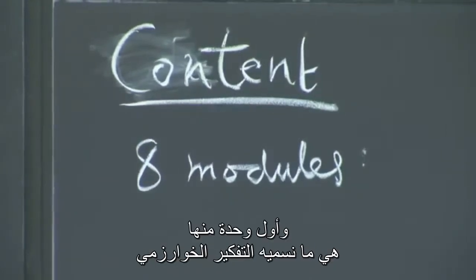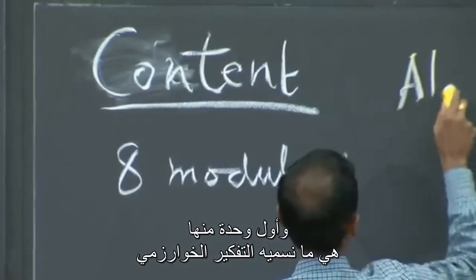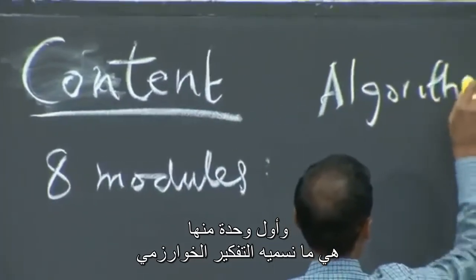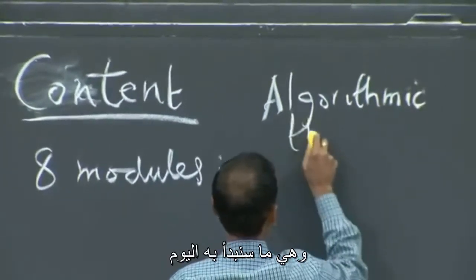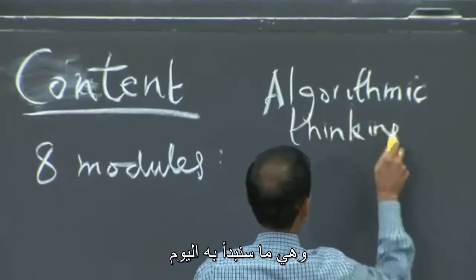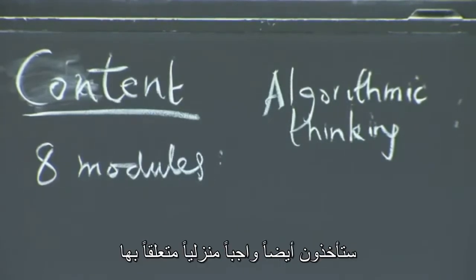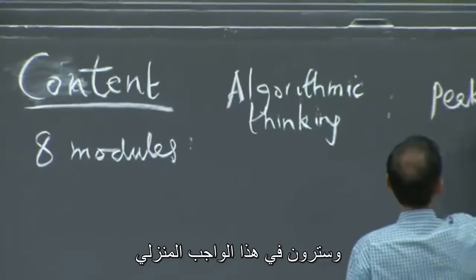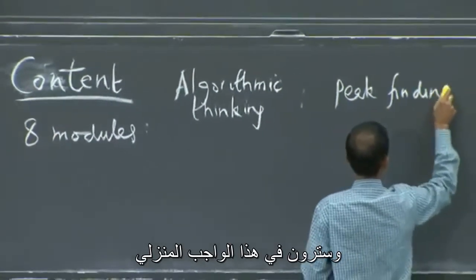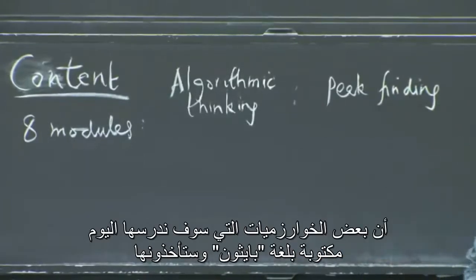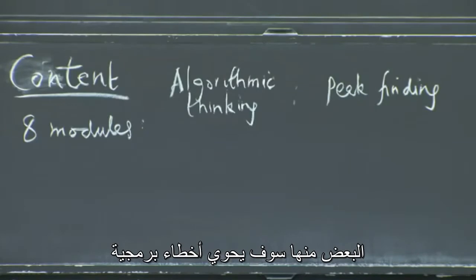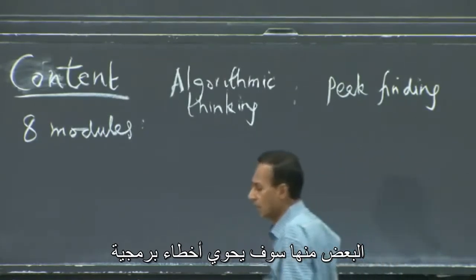The first of these is what we call algorithmic thinking. And we'll kickstart that one today. We'll look at a particular problem, as I mentioned, of peak finding. And as part of this, you're going to have a problem set that's going to go out today as well. And you'll find that in this problem set, some of these algorithms I've talked about today will be coded in Python and given to you. A couple of them are going to have bugs in them.